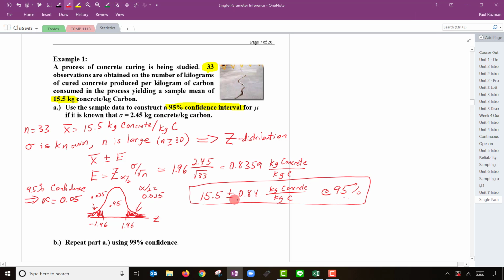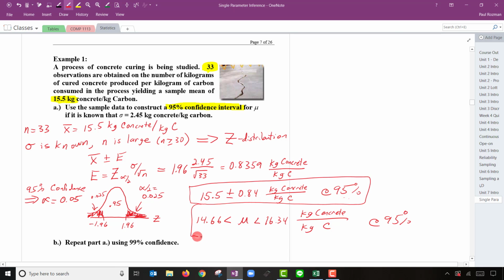We could rewrite this: take your 15.5 and subtract the 0.84. You get 14.66. And then add the 0.84, you get 16.34 kilograms of concrete per kilogram of carbon consumed in the process at 95%.